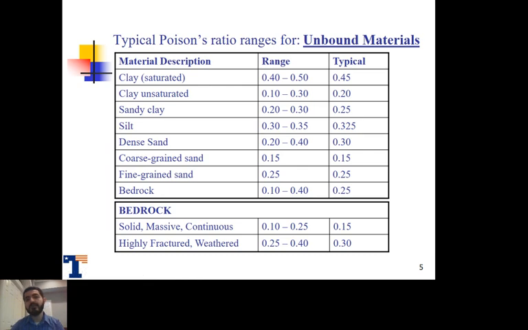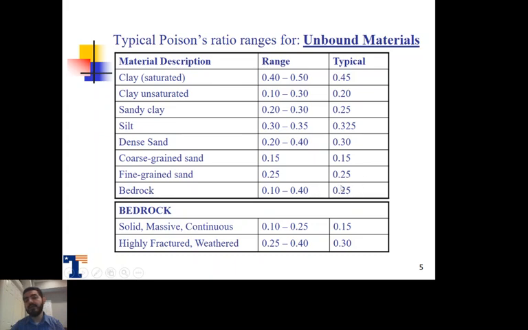For other materials such as unbound materials, when I say unbound materials, I'm talking mainly about soils, different types of soil. For example, clay, saturated materials, typically the Poisson's ratio is 0.45, sandy clay is 0.25, silt is 0.325, all the way to bedrock, which is very stiff material.